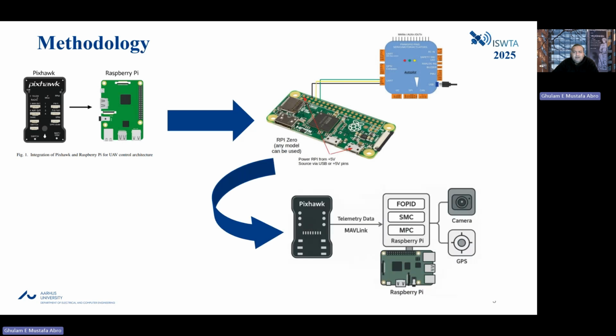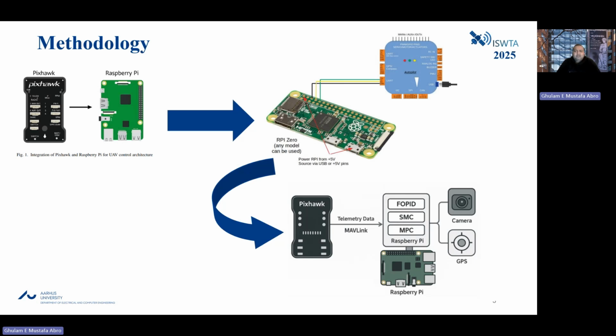This results in a framework where Pixhawk will give all the data to Raspberry Pi. And in Raspberry Pi, we program FOPID, SMC, or MPC, whatever we need. We program it on ROS, and then we convert the control inputs and give them to our Pixhawk.